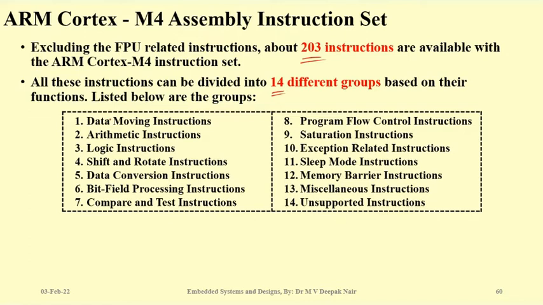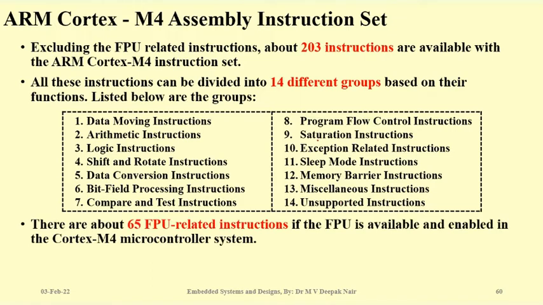These are the 14 groups, in which you have data moving related instructions, arithmetic, logical, shifting related, data conversion related, bit field processing related, and so on. We are not going to talk about all these instructions right now. Later, when we write our own programs, these instructions will come automatically.